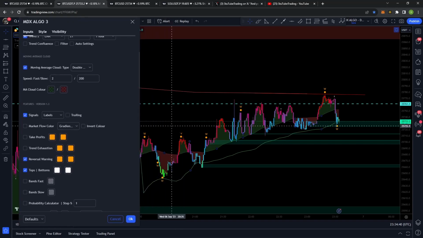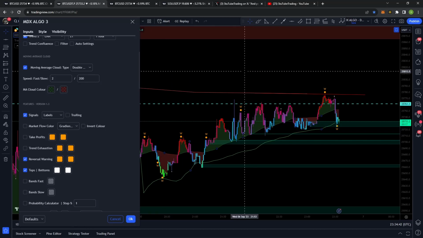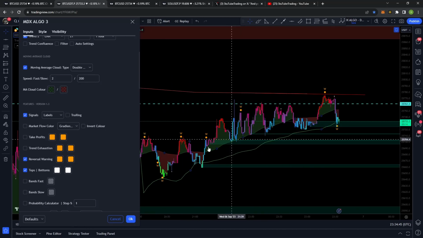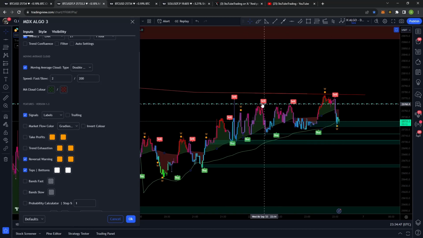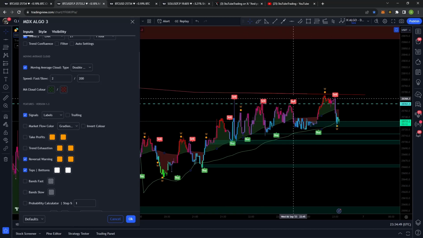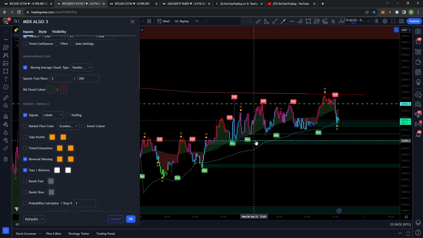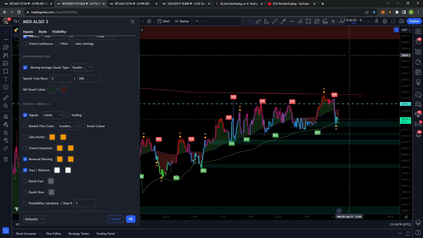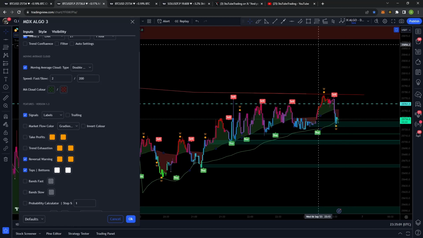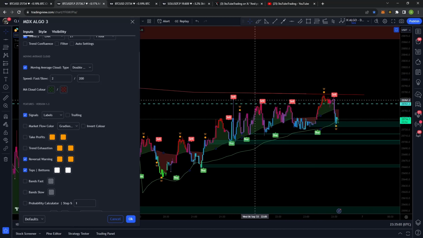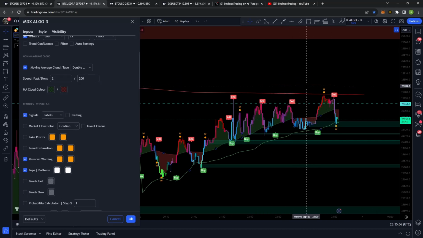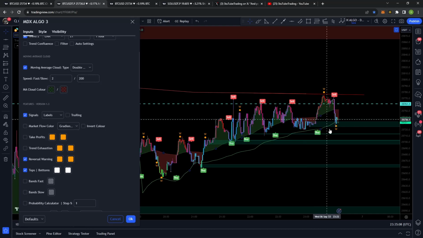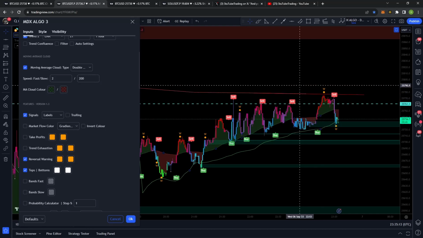Signals, that would be like our buy and sell signals. They should load in a sec. Something that you have to be a little bit cautious with on the buy and sell signals is I personally just really like taking my own entries. That's why I developed my own strategies for scalping and trading. But these can be very nice signals as well, but you have to be a little bit cautious because sometimes you will get a buy signal right into resistance or a sell signal right into support.